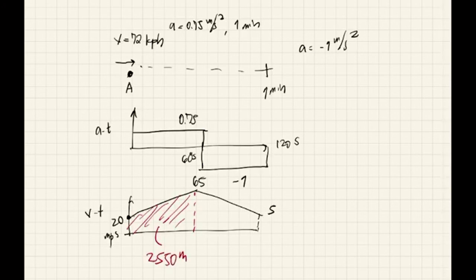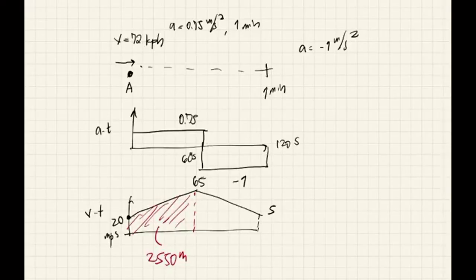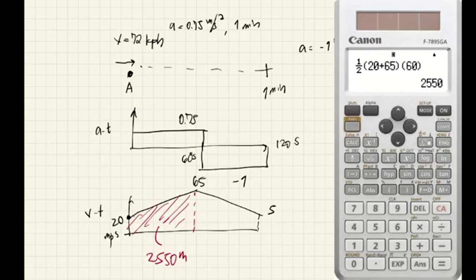Okay? Tapos, yung next question is, gaano na siya kalayo sa point A after 2 minutes. Computein mo lang yung buong area sa ilalim. Computein natin yung area ng isa pang trapezoid, yung nasa kanan, tapos i-add na natin sa 2,550.